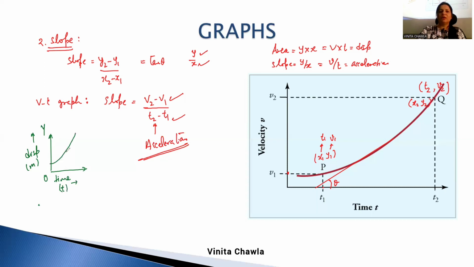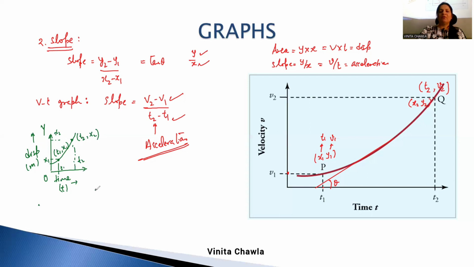So we can choose 2 points on the graph. Okay, let the coordinates of this point be. This is t1. At time t1, displacement is x1. And at time t2, displacement is x2. So what are the coordinates? We write t1 first, abscissa, and then ordinate. And here also, first we'll write abscissa and then we'll write ordinate.